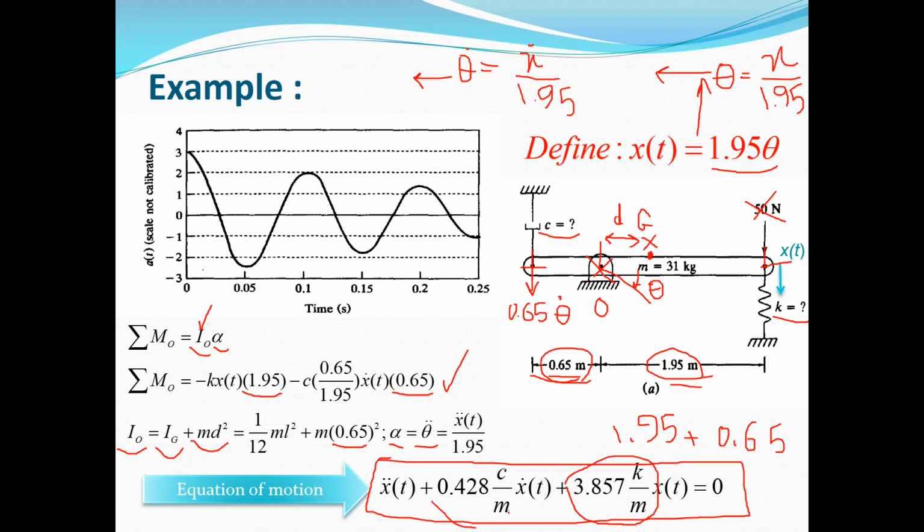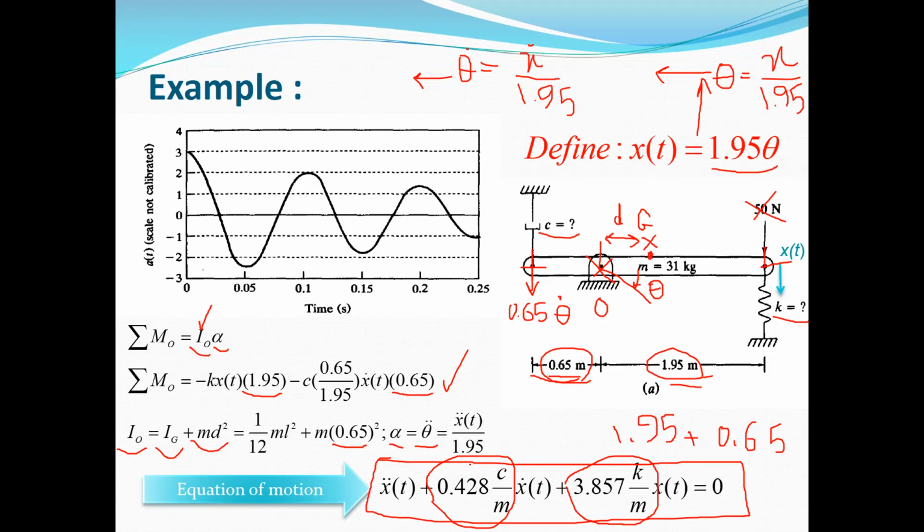This term is 2 times C times psi times omega n. So from these two terms, we can obtain the damping coefficient and the stiffness in this system. So these are the equivalent mass and equivalent stiffness, and also the equivalent damping coefficient.